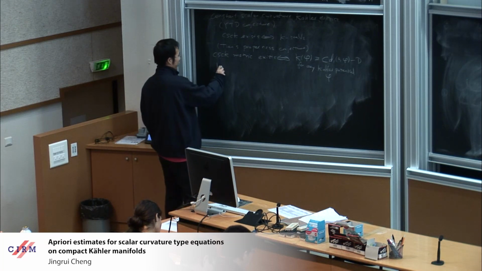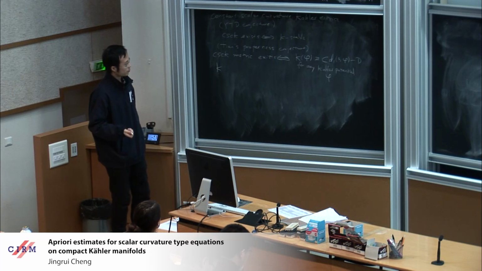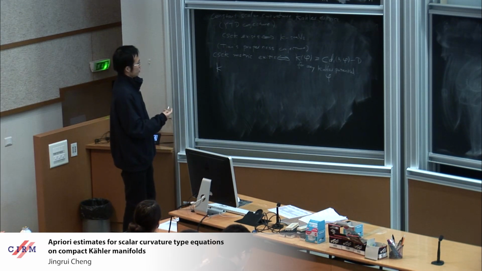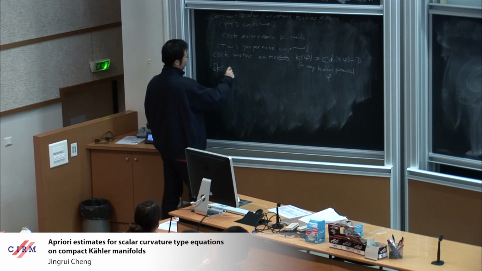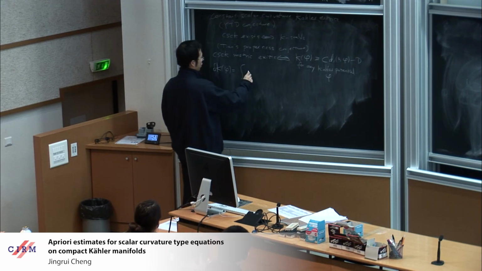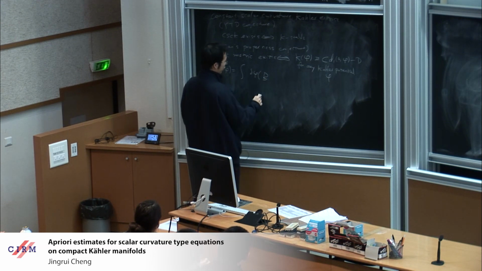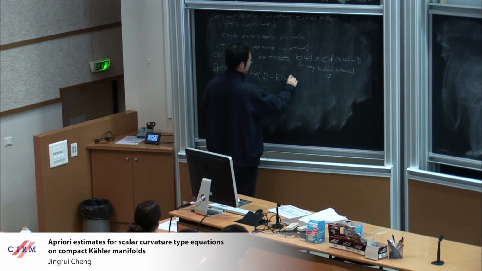The K-energy was proposed by Mabuchi. Its critical point exactly gives the cscK metric. It's first defined in terms of its variation: delta K of phi is equal to the integral of delta phi times the average scalar curvature minus the scalar curvature of omega phi, with respect to omega phi to the n over n factorial.